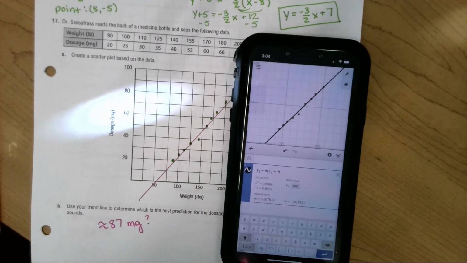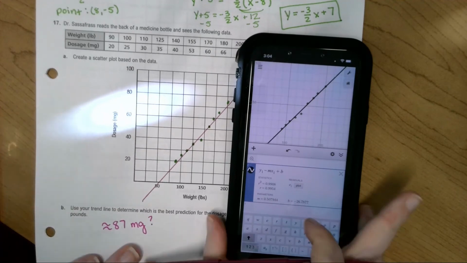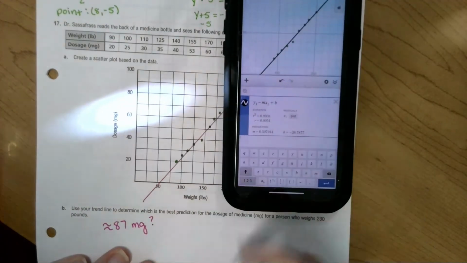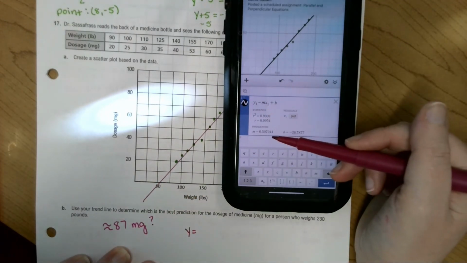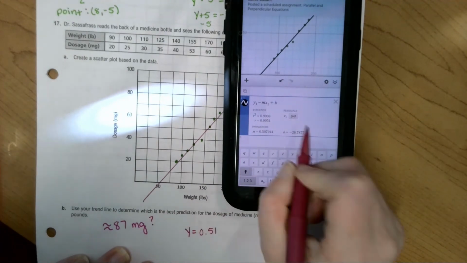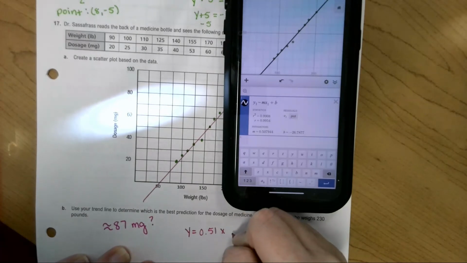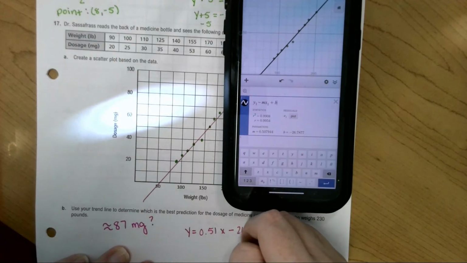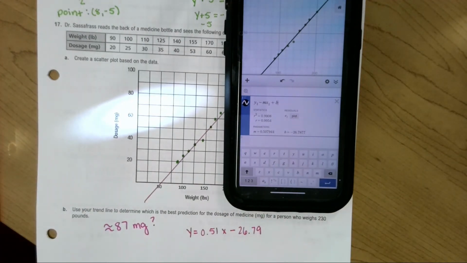So I basically have y equals mx plus b. I'm going to write that down here, but instead of m, I have 0.51, we'll round it, 0.51x minus 26.79. So now I have a trend line or a linear regression.